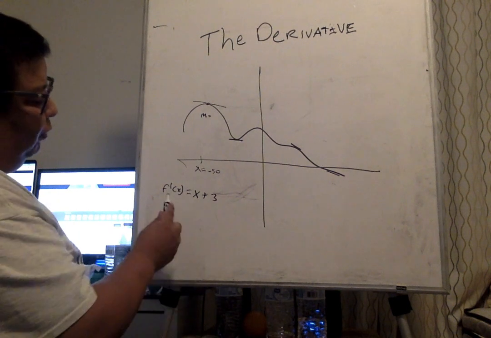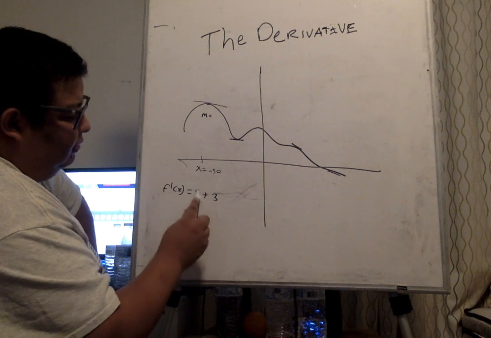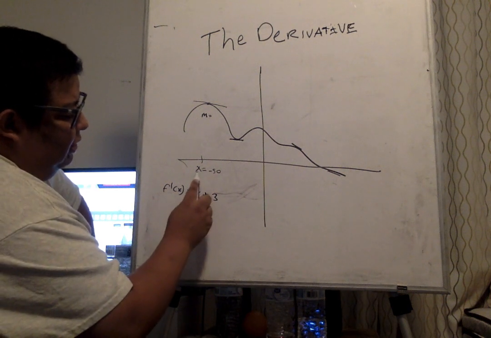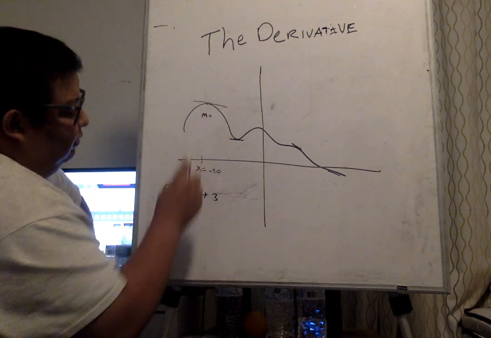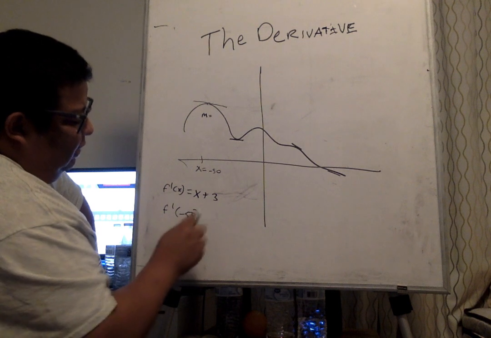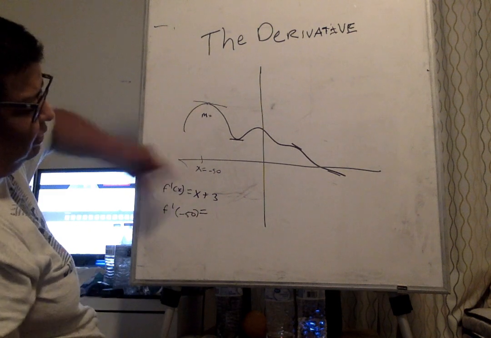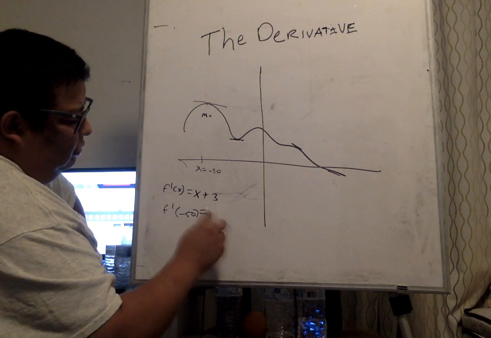So remember, the derivative is a function of x. So let's say x is -50. To find the derivative, in other words, to find the slope here, all we have to do is plug in -50 into our function. Remember, this is just an example, so it's not going to be the exact derivative function.